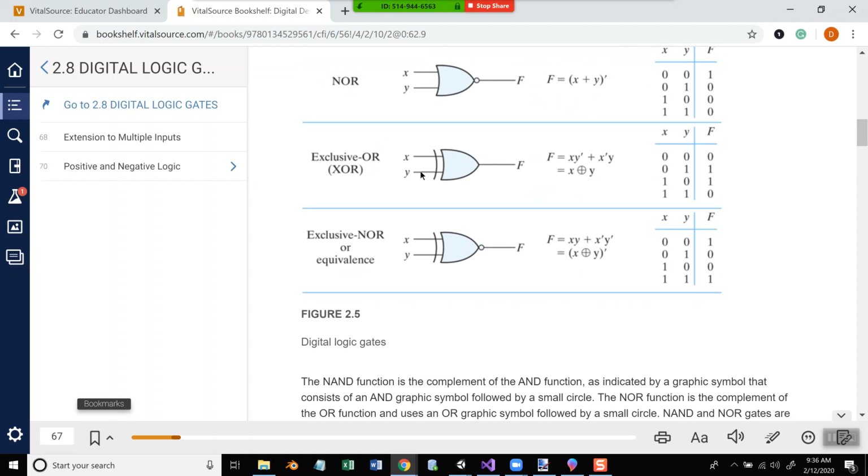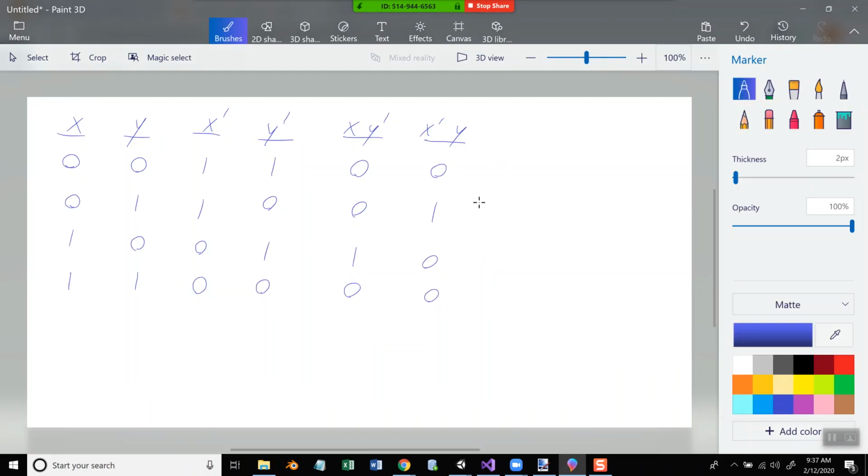Okay, exclusive OR. If you look at the connection here, 0, 0 is 0, 0, 1 is 1, 1, 0 is 1, and 1, 1 is 0. The connection there is if exactly one of them is a 1, it's a 1. So it's real simple. When you do an exclusive OR, if one of them is a 1, it's a 1. Otherwise, it's 0.